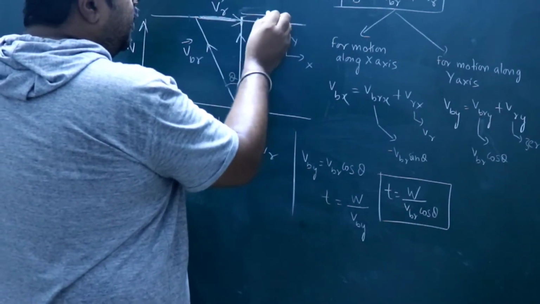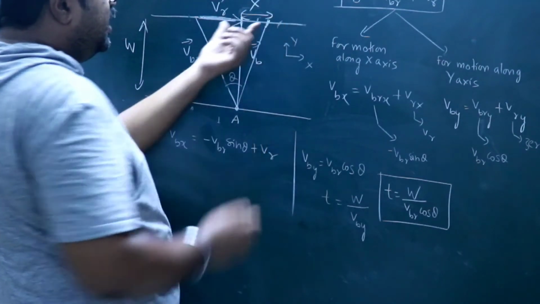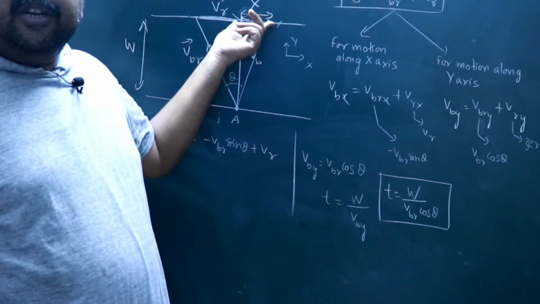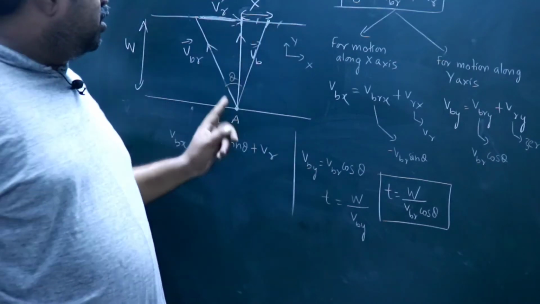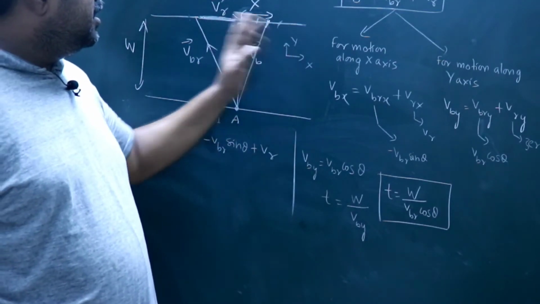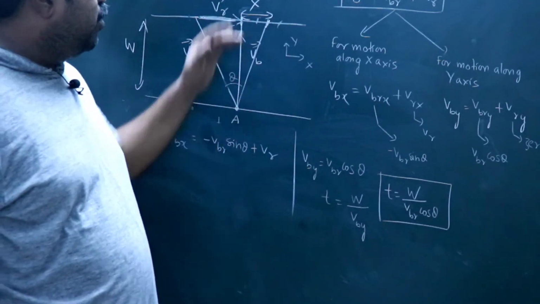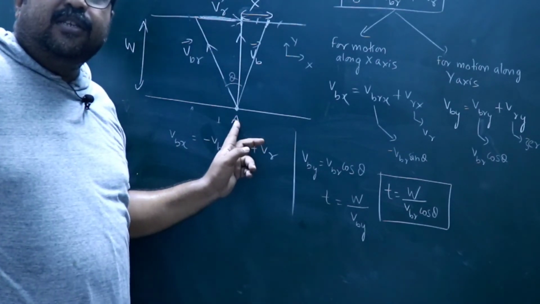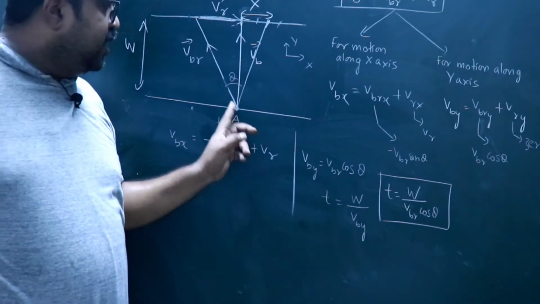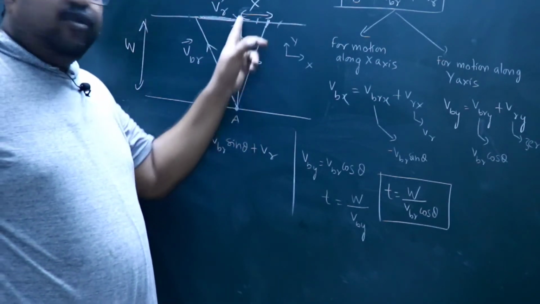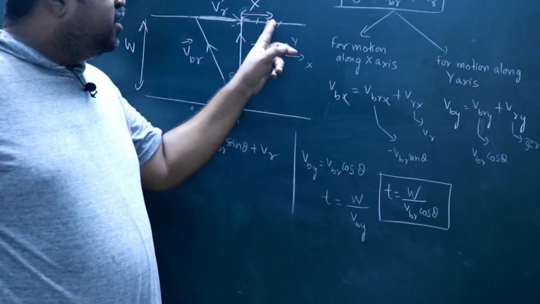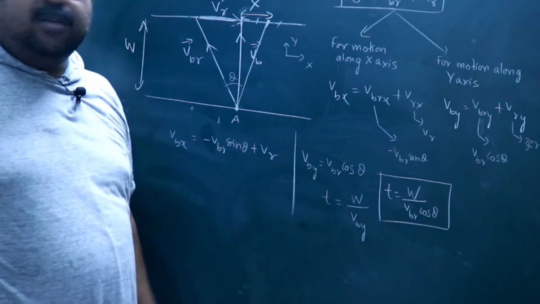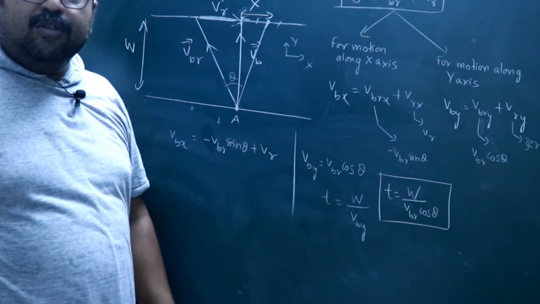This distance, capital X, is called the horizontal drift. Horizontal drift is the distance from the point just opposite to the point of starting. This is the point of starting, where the journey has started. This point is directly opposite to point A, but the boat is reaching this point. This particular distance is called the horizontal drift.